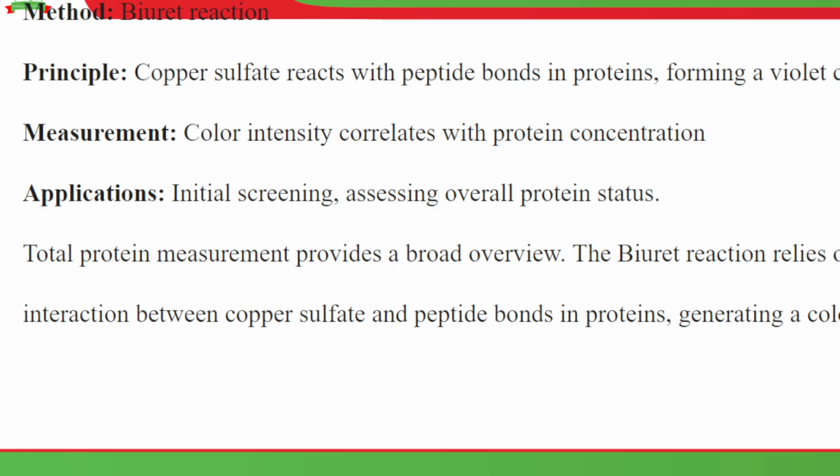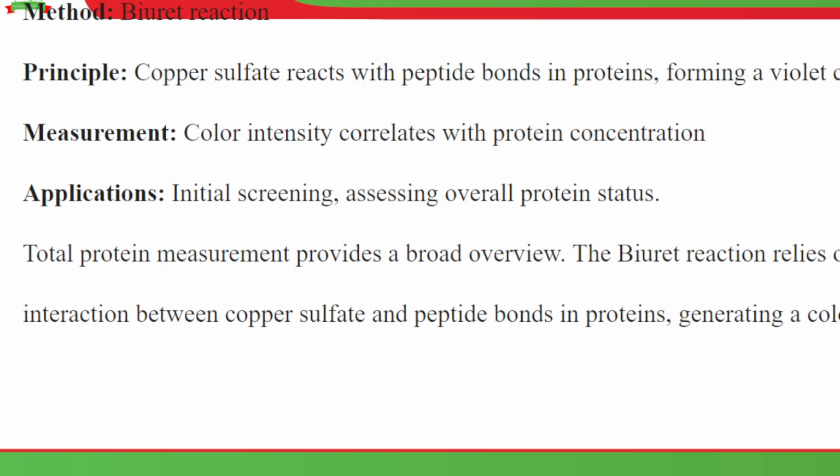So take note of the principle that this works on: copper sulfate reacts with the peptide bonds in proteins, forming a violet complex. So you measure the color intensity, and then you get your deduction about the levels of proteins in your body.